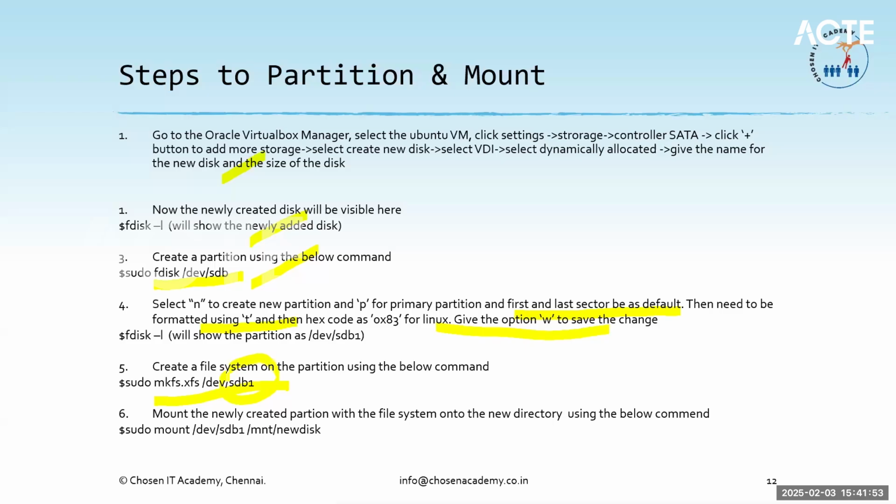So we can see the partition name that we have created, sdb1, and we give sdb1 here, and that will create the file system. Once we have the file system, the last command is to mount the file system onto the root directory structure, so that the newly added disk storage is visible to the Linux system.